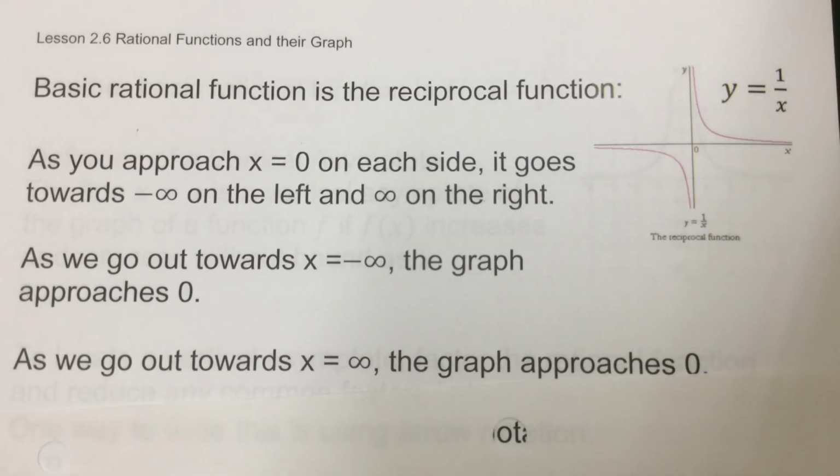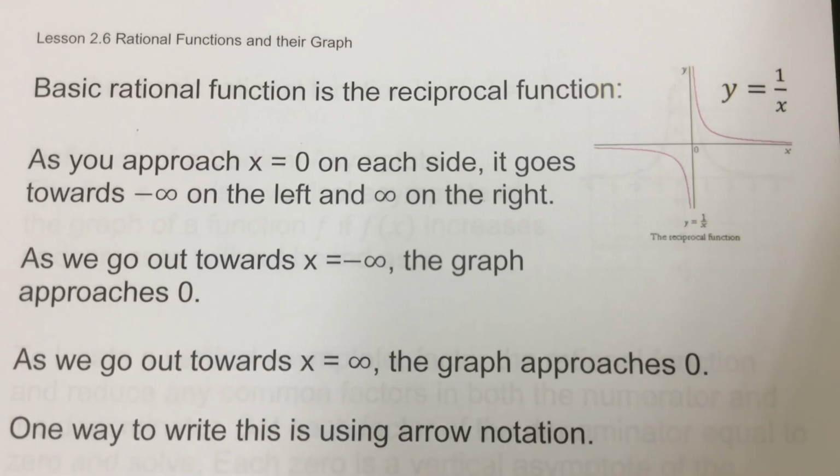So what we're going to have here is some asymptotes, and we're going to get into that in a little bit here. But one way we can write this is using arrow notation. Now, arrow notation just means as we approach.